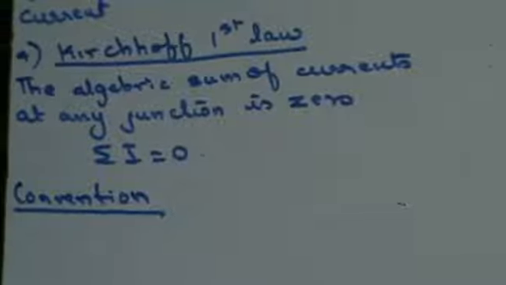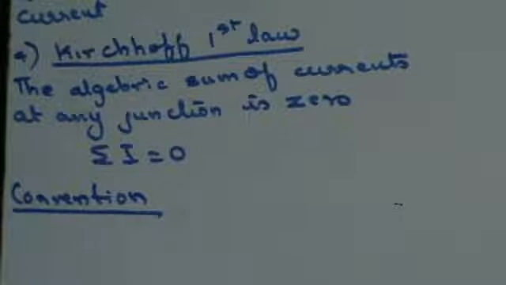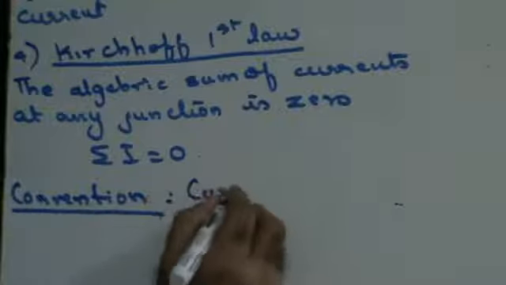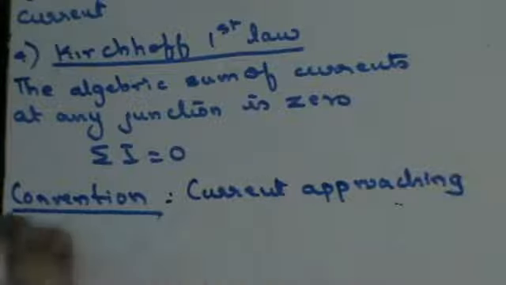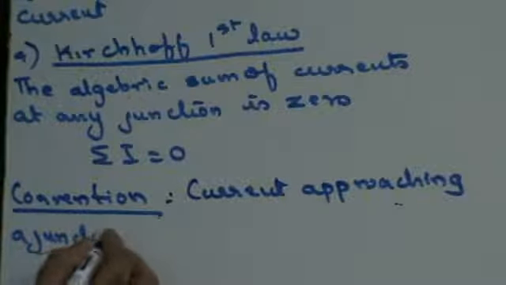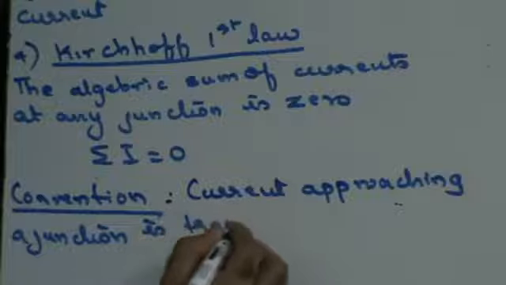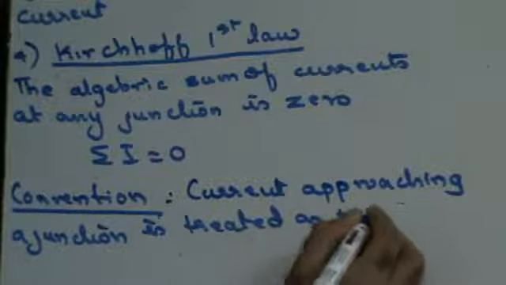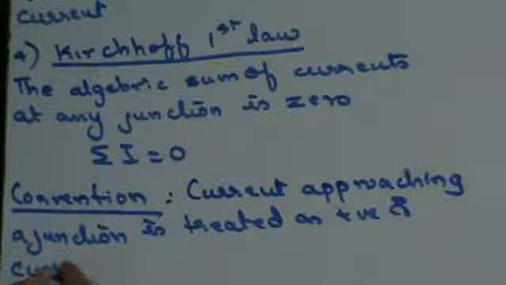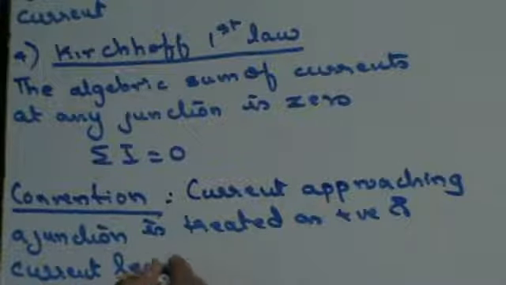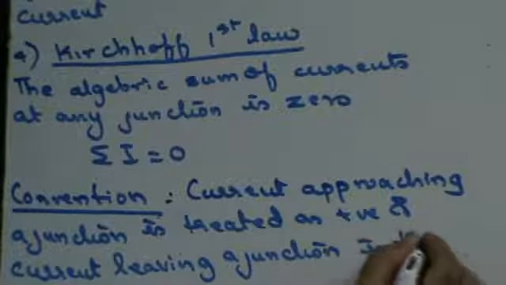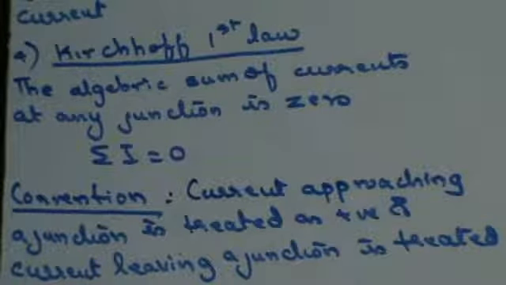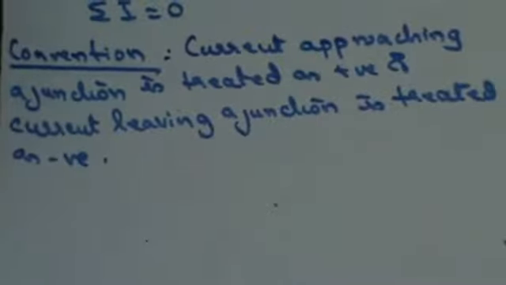The current approaching a junction is treated as positive, while the current leaving a junction is treated as negative. That's the convention that is to be used.